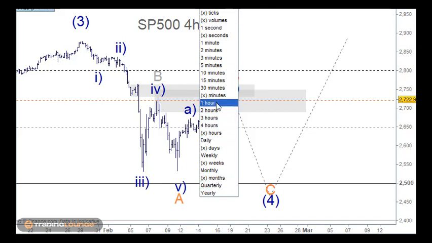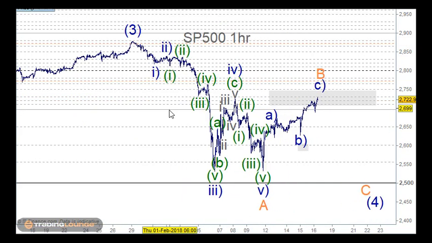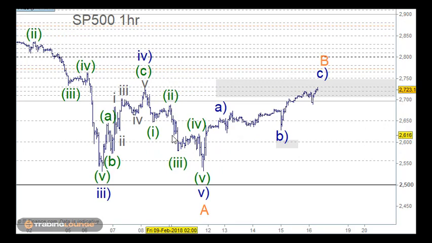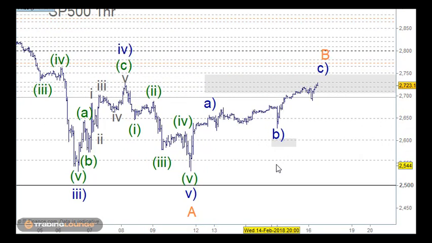So the hourly chart here is not telling us anything new, so I'll go to the tick chart, and really we need to pick it up from these sort of lows here. Normally the A wave was simple, the B wave was complex, and the C wave being simple as well.